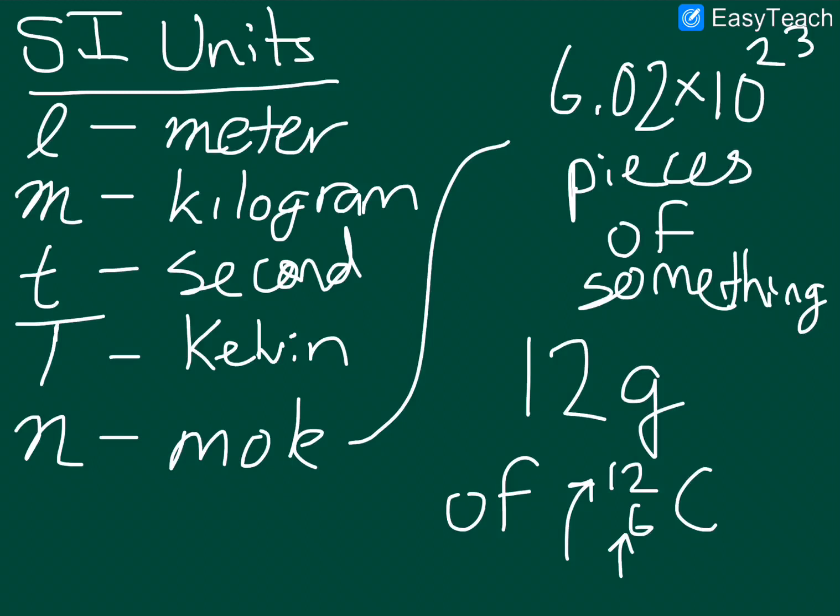So this isotope has a mass of 12, and within that exact mass of 12 grams, there are 6.02 times 10 to the 23 atoms. That's a brief overview of what we did last time.